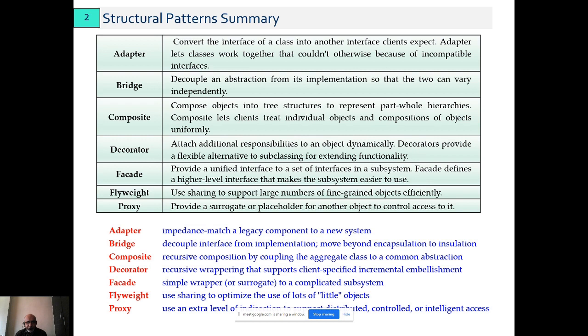Composite we have already seen in the composition hierarchy, that is, a whole-part relationship shown by a filled diamond in UML class diagrams. Decorator attaches additional responsibilities to an object dynamically, and decorators provide a flexible alternative to subclassing. While doing subclassing, you should not go beyond level 3.